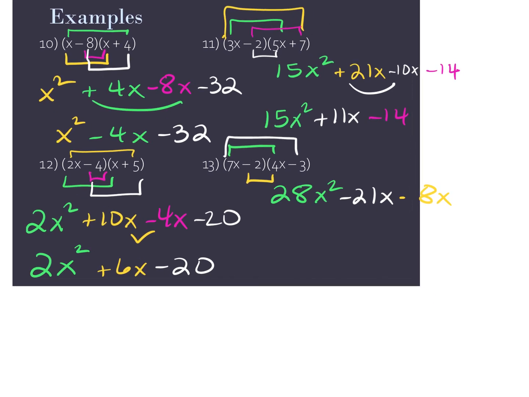And then finally the last, negative 2 to negative 3, positive 6. So rewrite that first term, nothing to combine. Then these two in the middle become negative 29x, and then drop down the constant because nothing to add to the 6.